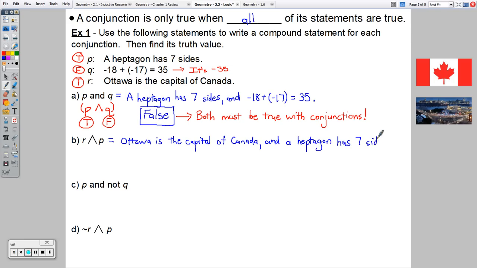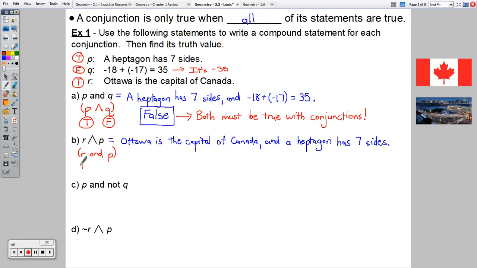You may be finding you have to write a little smaller with this one. We've got full sentences to write out here. If you're writing this out in words instead of symbols, you could say R and P. That would work. So this and this are the same thing, just so we get practice with that.